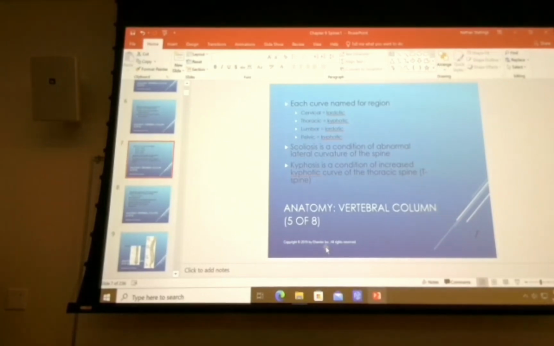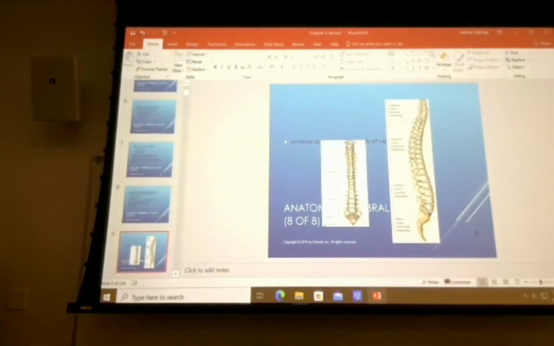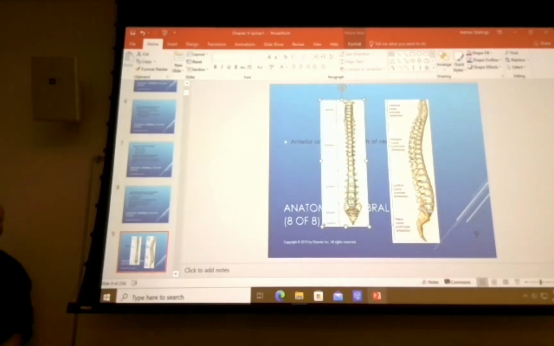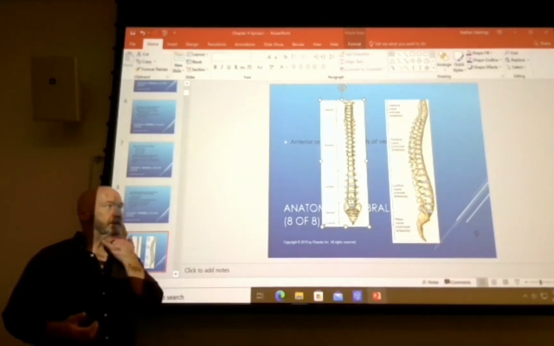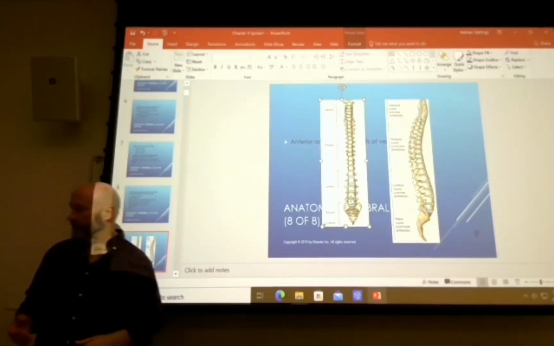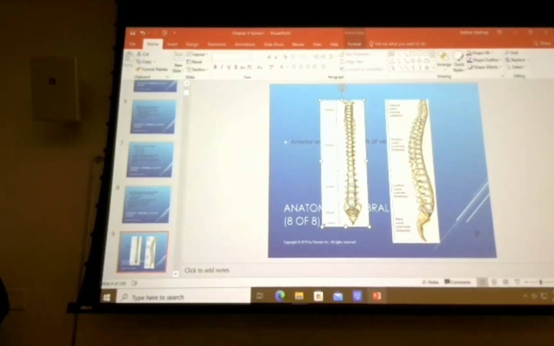So scoliosis, though, is a different situation where you have a lateral curvature. So looking at this image, you don't have really any curvature side to side, right? But scoliosis is a condition that usually affects young women, girls, really. It's usually diagnosed in childhood, and it's an abnormal lateral curvature.